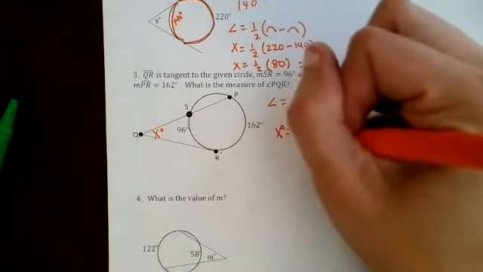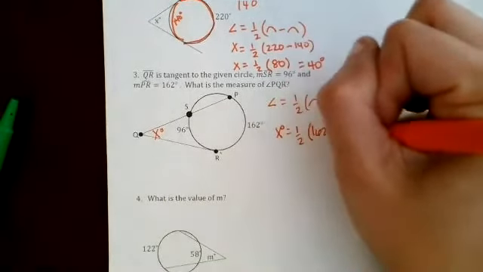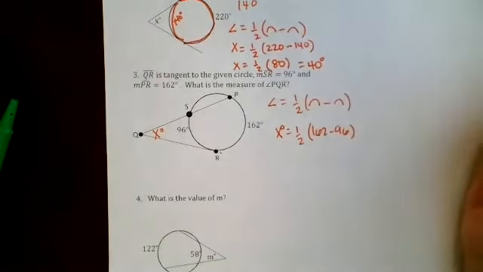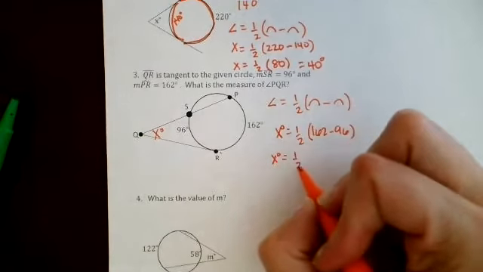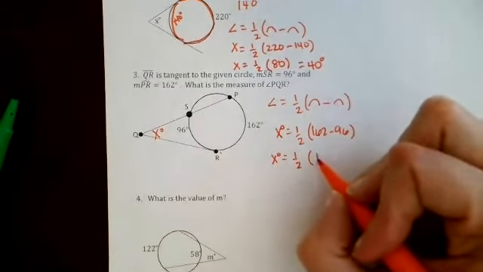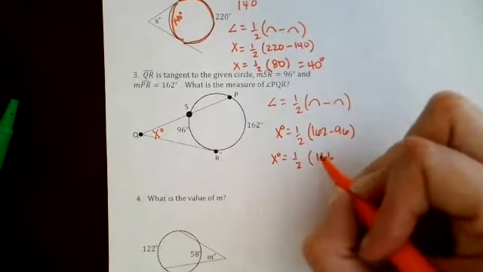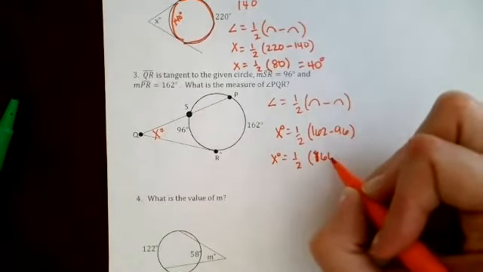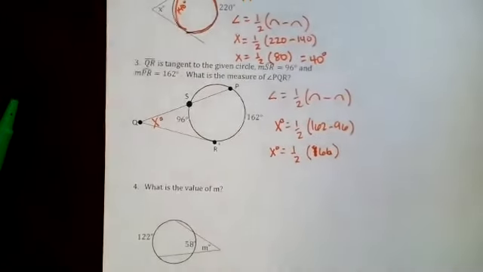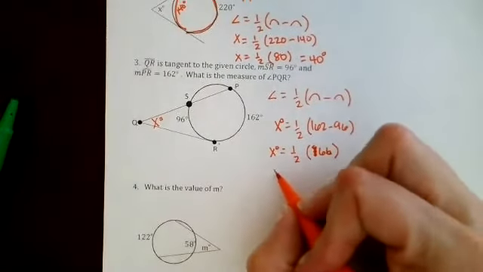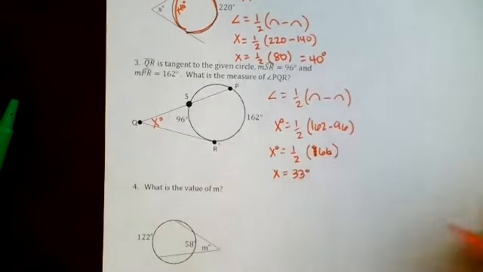So X is equal to 1/2 of 162 minus 96. So if I subtract those, sorry, I'm going to have 1/2 of 66. So 1/2 of 66 would give me 33 degrees.